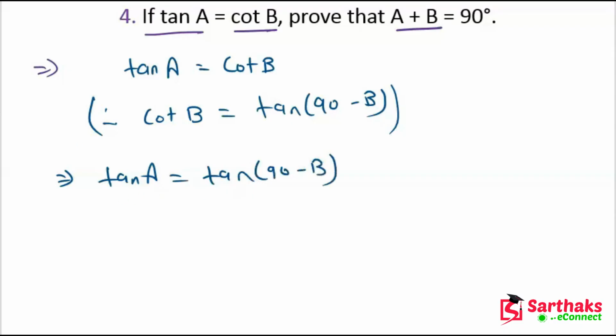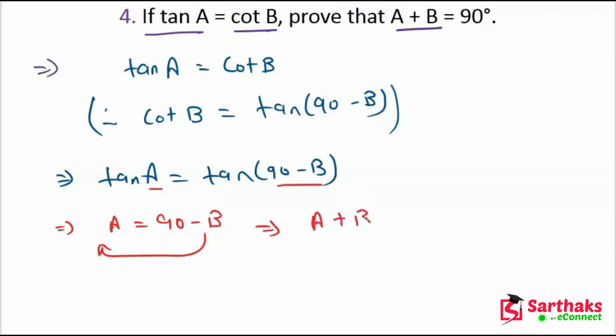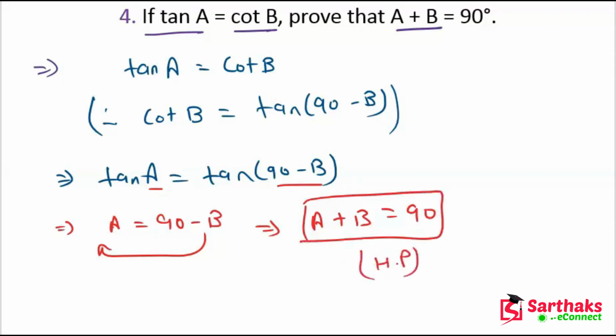Now we can compare a and 90 minus b, so a is equal to 90 minus b. If we shift b to the LHS, we get a plus b is equal to 90. We can write it here, hence proved. This is a very easy question.